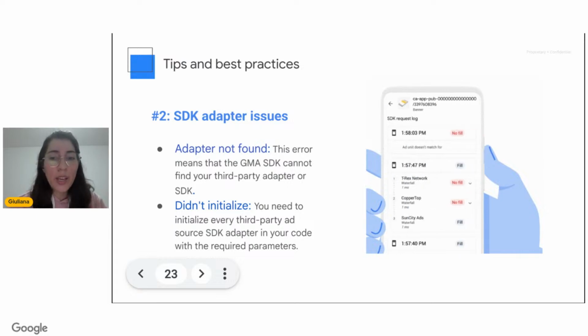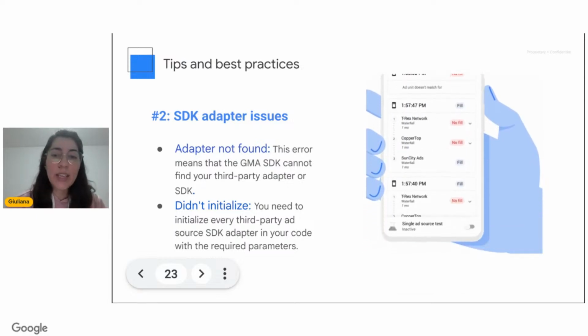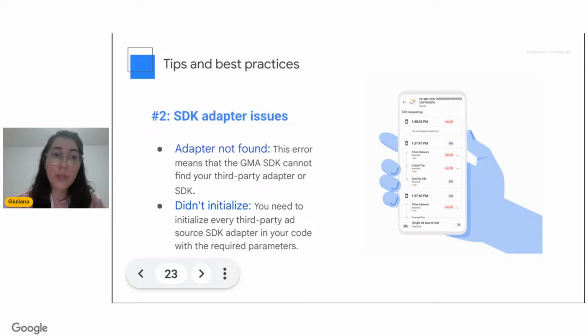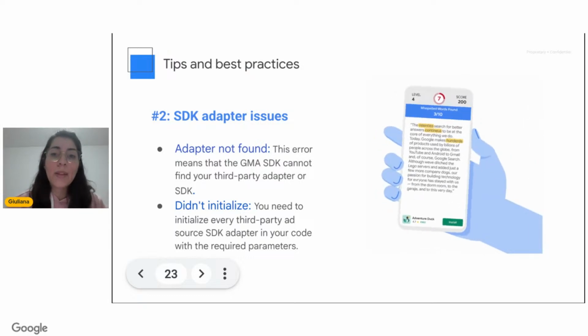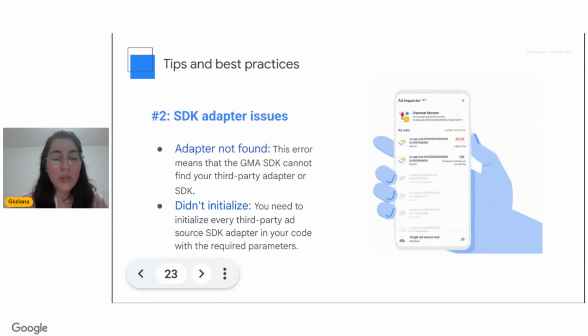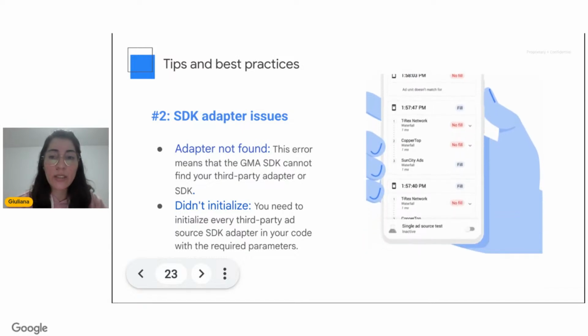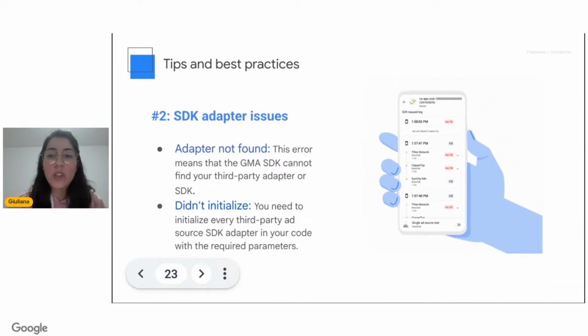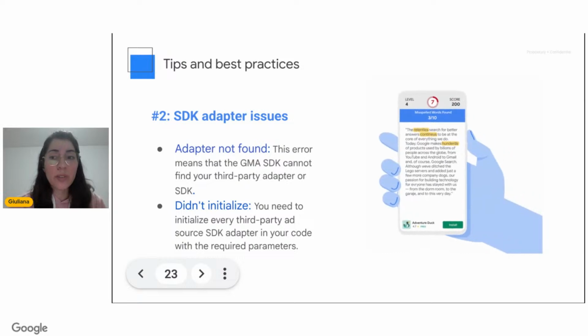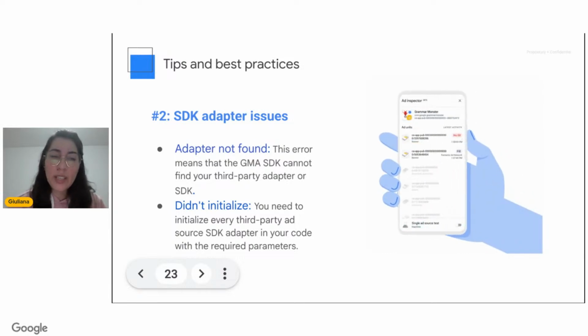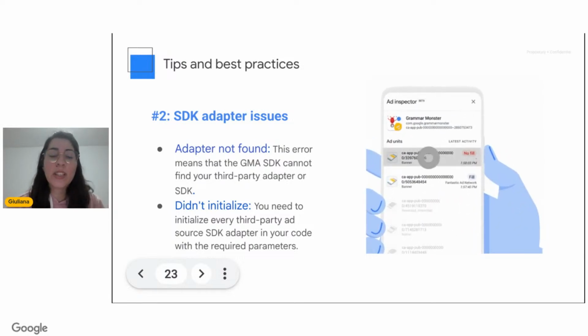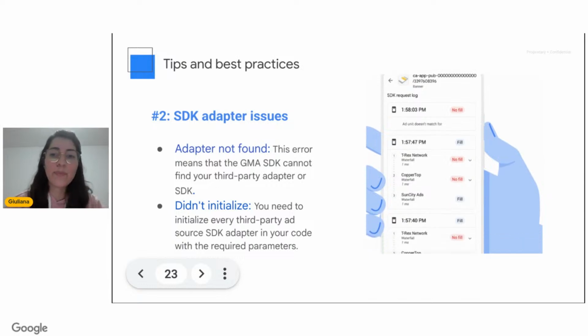Adapter not found means that the GMA SDK cannot find your third-party adapter or SDK. Also, each third-party ad source SDK adapter needs to be explicitly initialized in your code base with the necessary parameters. If you forget to initialize it, then you'll see the error "didn't initialize."